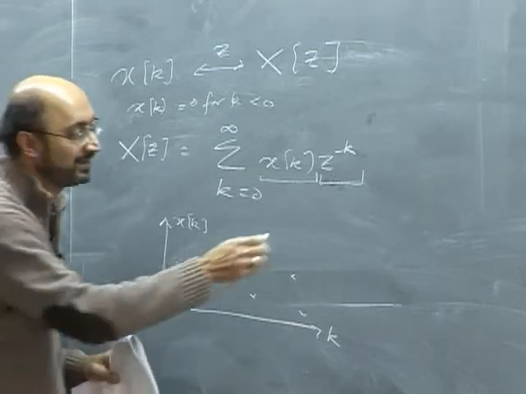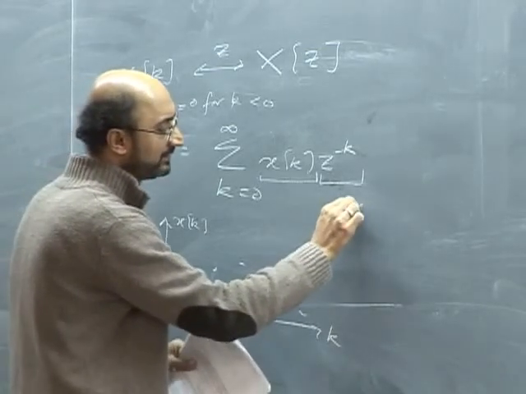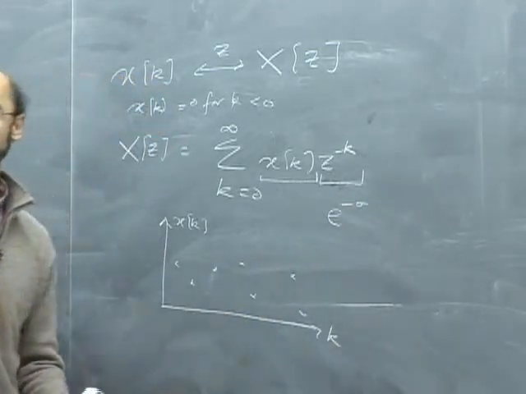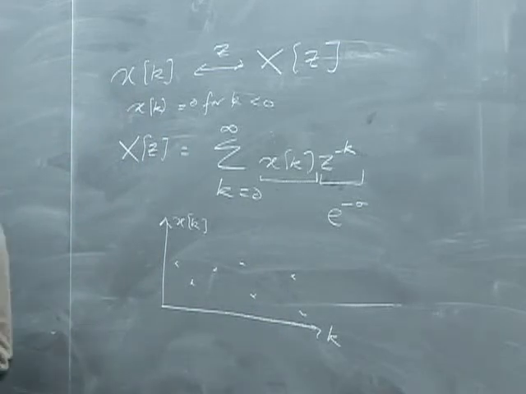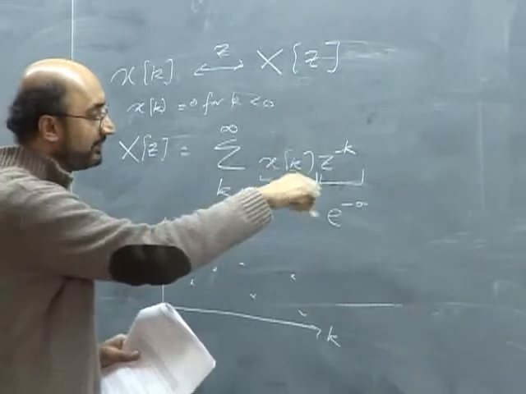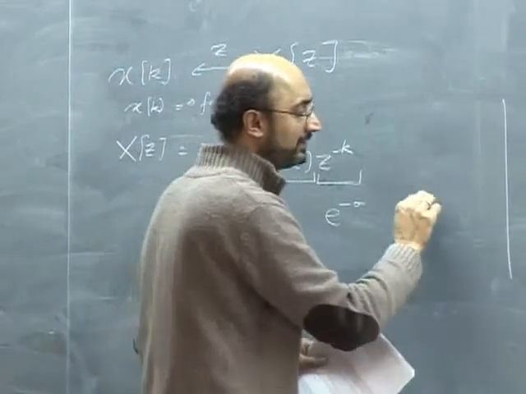This has the same role as e to the minus sigma that we used in the Laplace transform. In the Laplace transform we were trying to compute the transform, but we couldn't make it converge, so we multiplied by e to the minus sigma. It's exponentially declining.